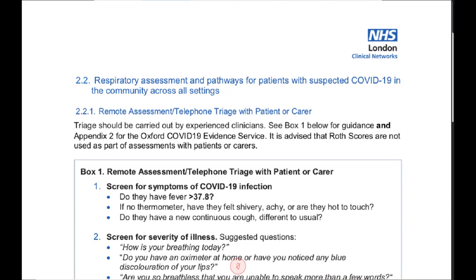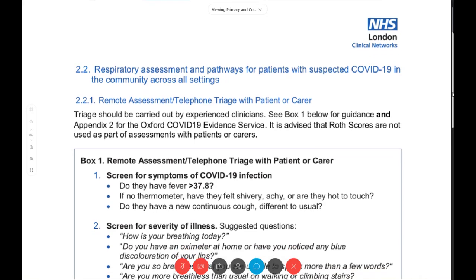We also know that the presence of anosmia and gastrointestinal symptoms may also be symptoms of COVID. But what we're really interested in is trying to assess the severity of the patients. The patients that are the most severe are going to have pneumonia and respiratory symptoms. So we are much more interested in how their respiratory function is at the time.